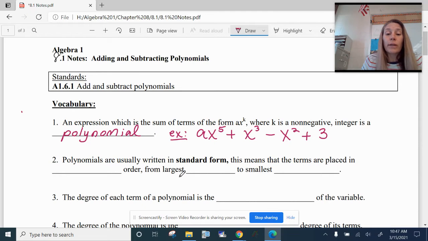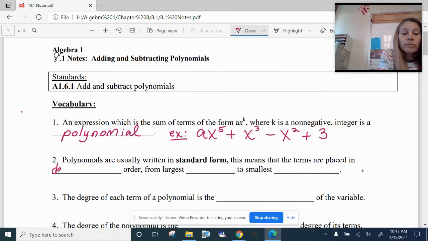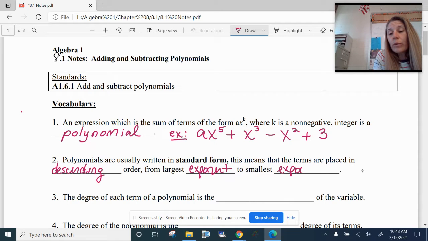Polynomials are usually written in standard form. This means that the terms are placed in descending order from the largest exponent to the smallest exponent. And the degree of each term of a polynomial is the degree of the exponent of that variable.